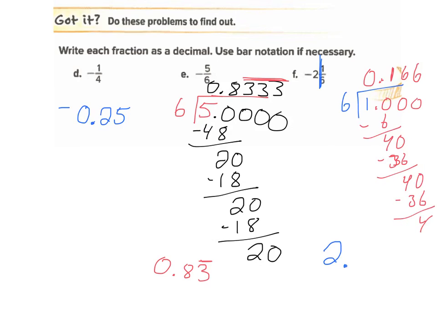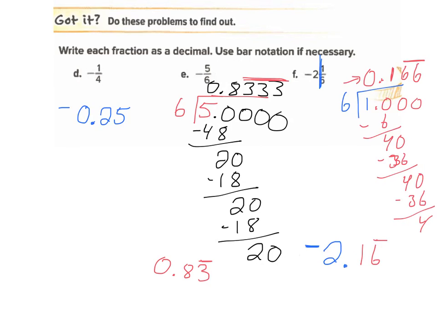So you can kind of notice that that 6 is going to be repeating. So I take my decimal up top and my whole number down below, and I'm going to put those two pieces together. 2 and 1/6 is 2.16 repeating, because it was a negative 2 1/6, I want to make sure to add on my negative sign.